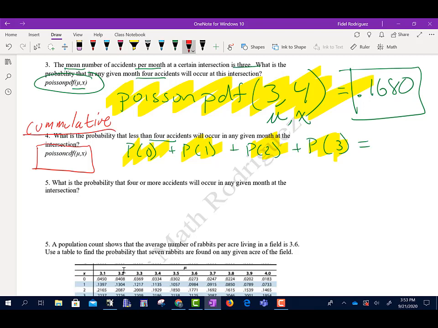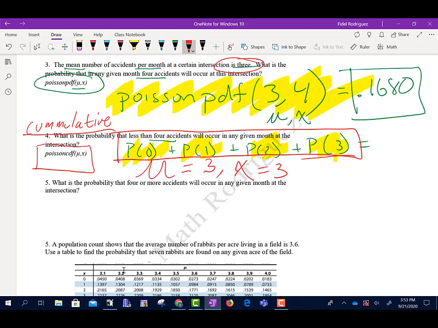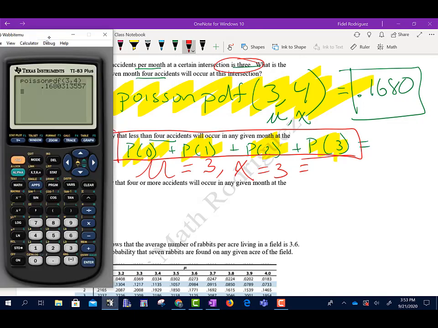So when I do this, remember in here, my mean is still 3, right? Because the number of accidents was 3. That's what we knew about that, right? And now my X number is going to be the biggest number that I would use, 3. And what it's telling me is it's going to do this calculation here for me, okay? So I'm going to grab my calculator again, okay? Move it over a little bit.